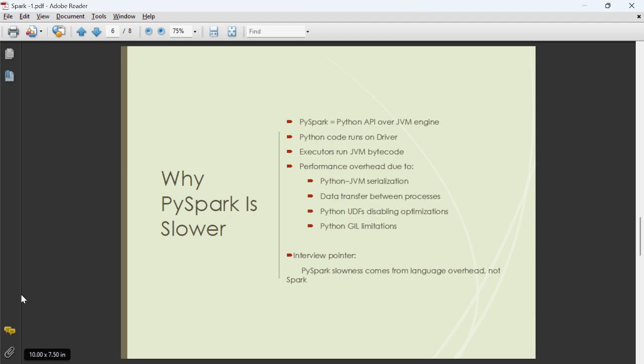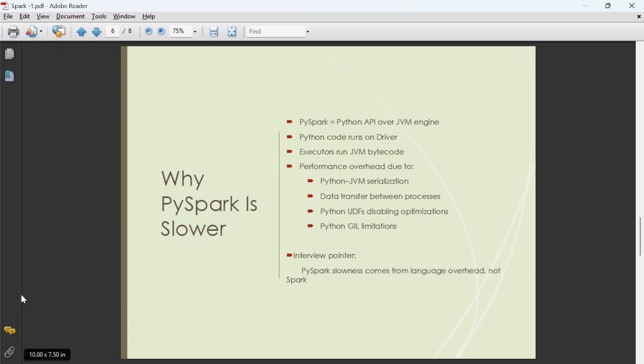Now, why is PySpark slower? Another very popular interview question is why PySpark is slower than Scala Spark. Spark itself is written in Scala and runs on the JVM.